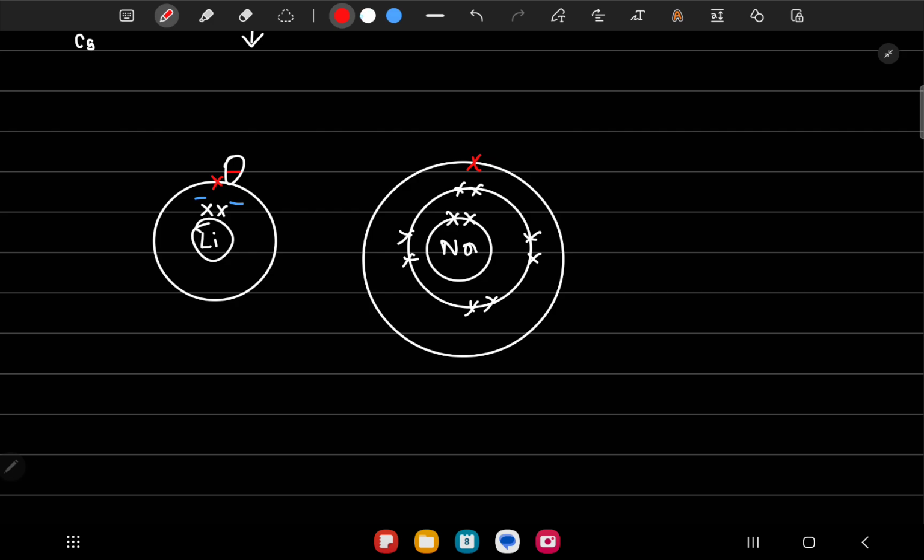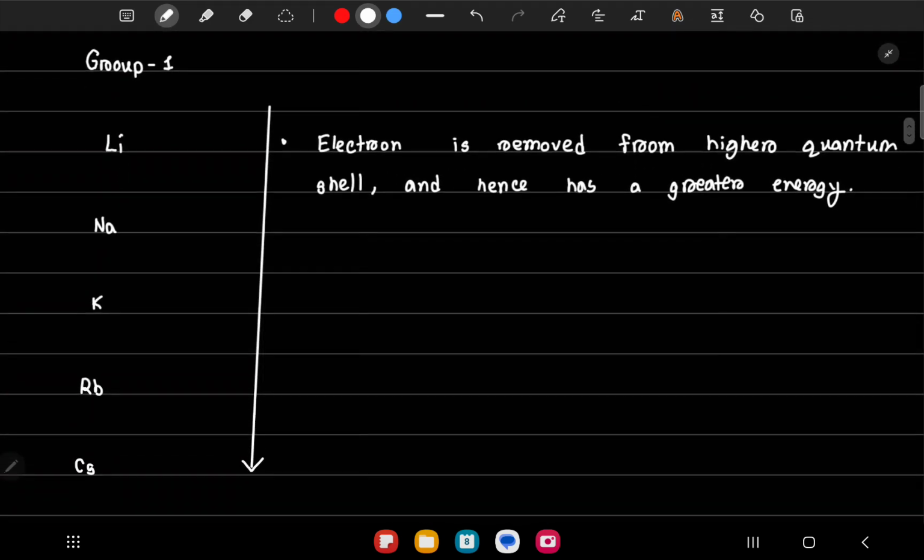Now for sodium, its outermost electron faces more repulsion from the inner electrons. So the outermost electron is more weakly attracted to the nucleus. So it is easier to get this outermost electron out of this electron cloud, causing the ionization energy to decrease.